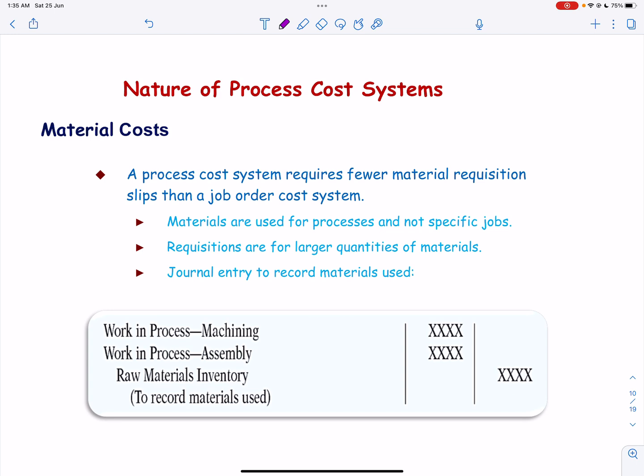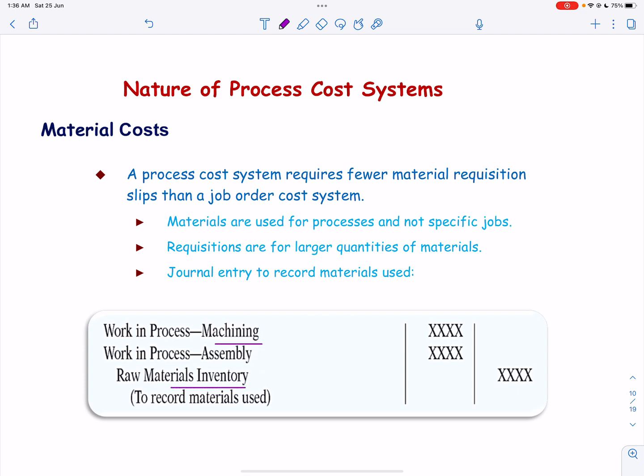At the beginning of the first process, a company may add material needed for production, but it may be adding other materials at various points. If the material is added for machining, work in process machining is debited and raw material inventory is credited.